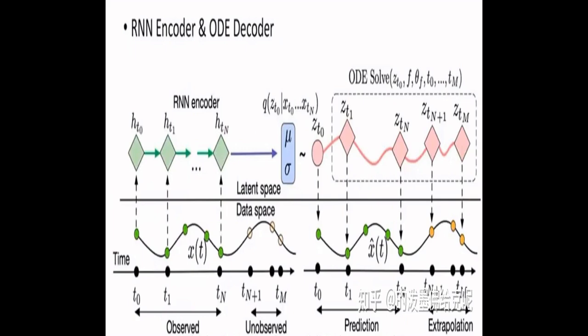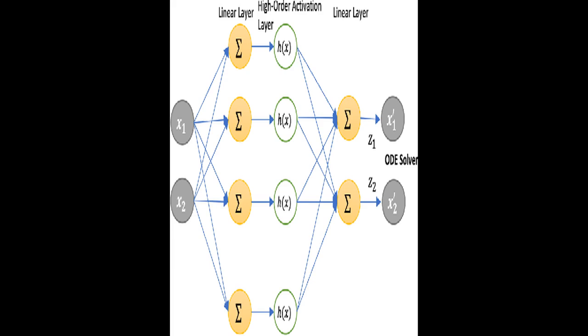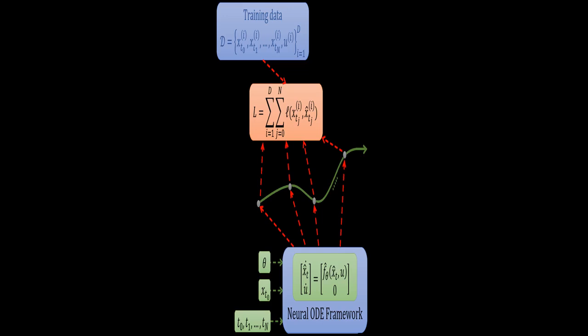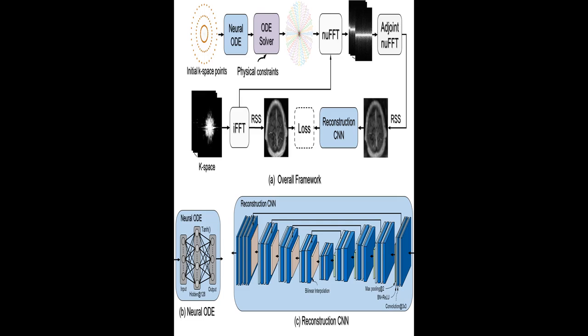Physical system modeling, processes like chemical reactions, population growth, or mechanical motion, anywhere the real world operates continuously, not in steps. Neural ODEs easily capture such natural dynamics. 3. Generative modeling, in AI-generated art or simulating realistic motions, neural ODEs allow models to generate smooth, lifelike variations between states, improving quality and realism.